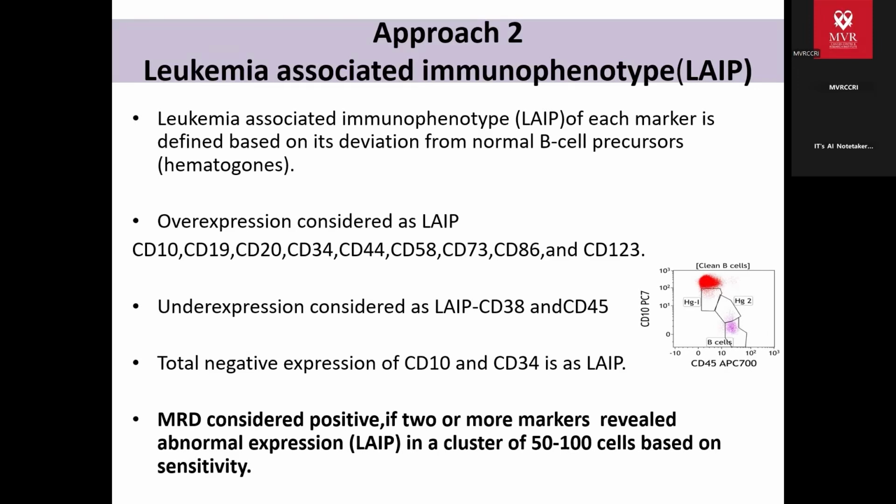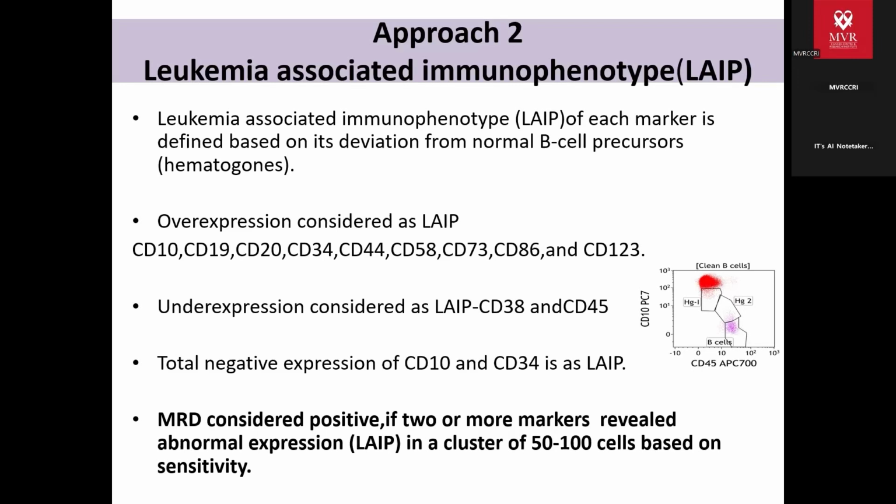So for any normal B cell precursors, that is hematogones, any marker which is showing brighter expression than a hematogone, overexpression or underexpression compared to a hematogone, or total negative expression. Normal hematogones are 10, 34 based on what stage it is. So anything deviating from a normal precursor B cell is an LAIP.